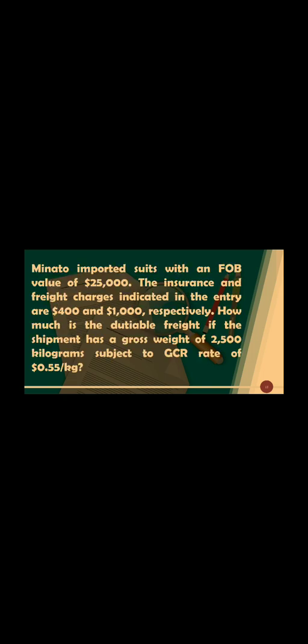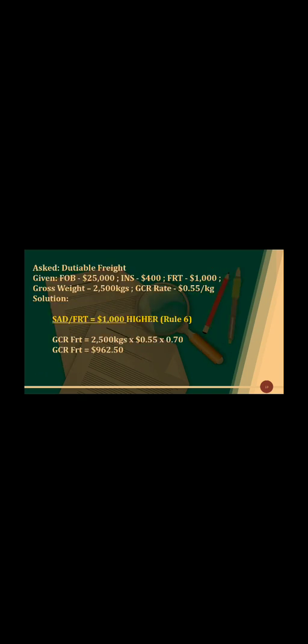Next is Minato imported suits with an FOB value of $25,000. The insurance and freight charges indicated in the entry are $400 and $1,000 respectively. How much is the dutiable freight if the shipment has a gross weight of 2,500 kilograms, subject to GCR rate of 55 cents per kilogram?